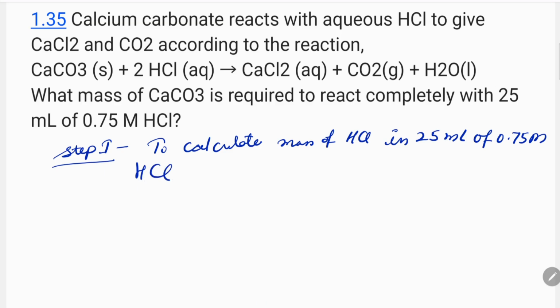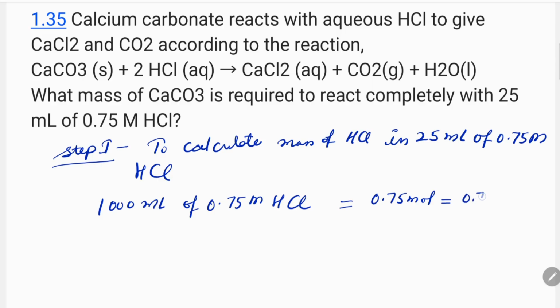So if this particular volume was 1000 milliliter of 0.75 molar HCl, suppose, it contained 0.75 mole of HCl, which is nothing but 0.75 multiplied by its molar mass.